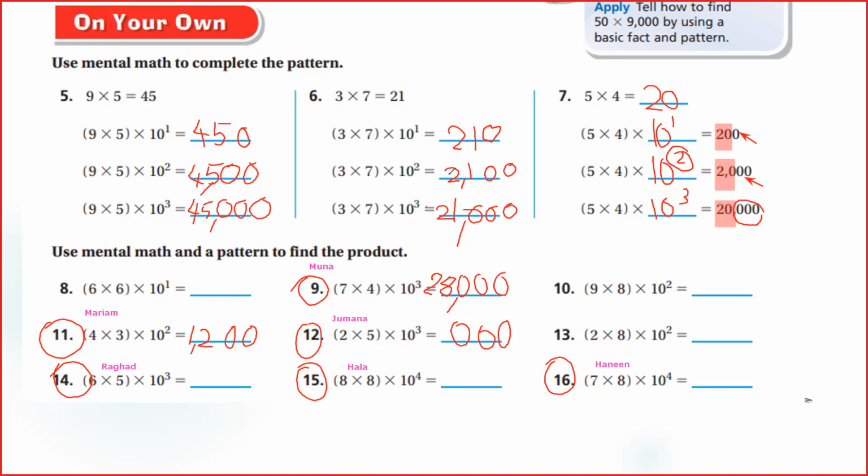Please raise your voice. 10. So here now I add 1, 2, 3 zeros. So what will the answer be? 10,000. Thank you.